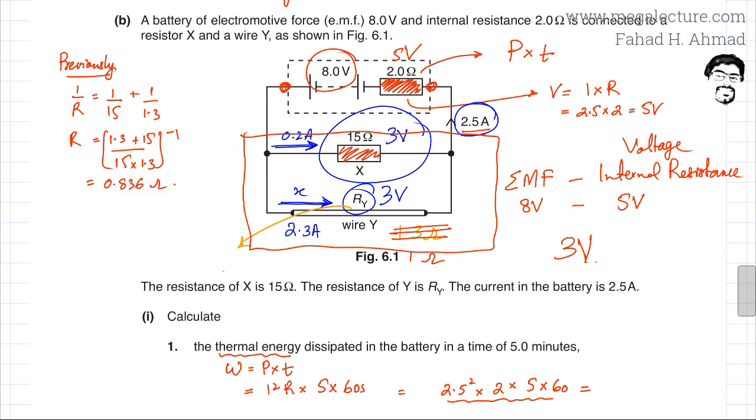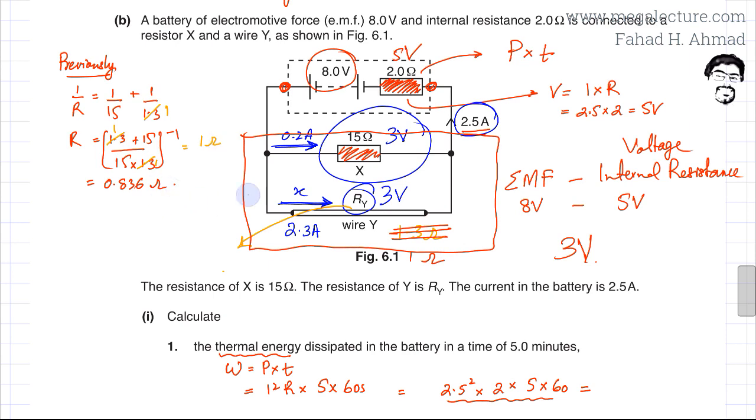Now what I've done is I'm going to decrease the resistance. So let's assume that it was 1.3 ohms initially, now it's 1 ohm. So what would happen if I change the resistance of one of the resistors? Now it's 1 ohm, so this has been replaced by 1 ohm. So this entire formula would become 1 plus 15 into 1, which would be 15 over 15, which would be 1 ohm.